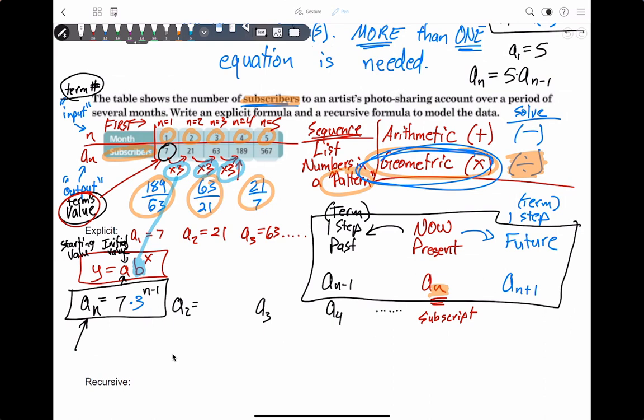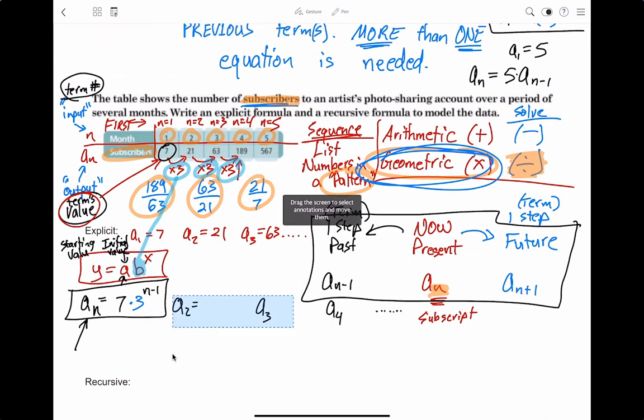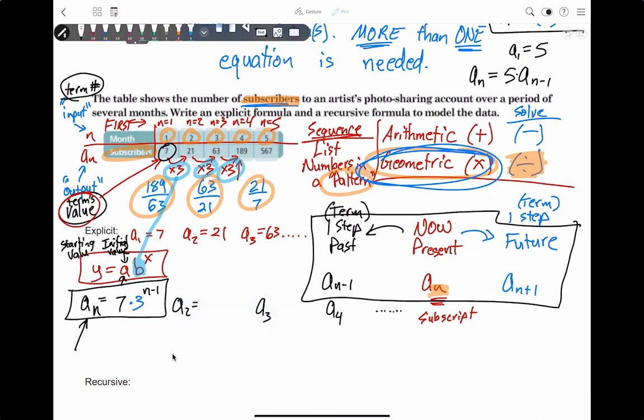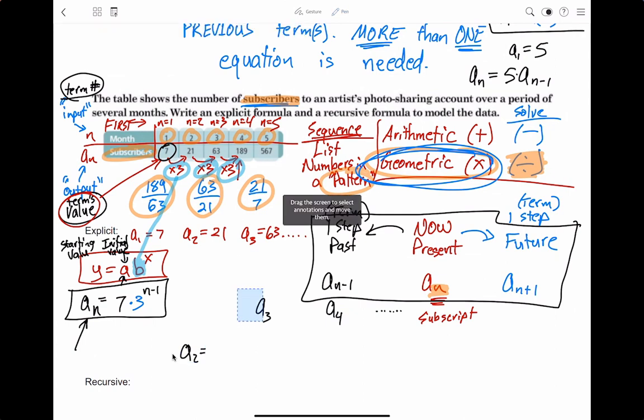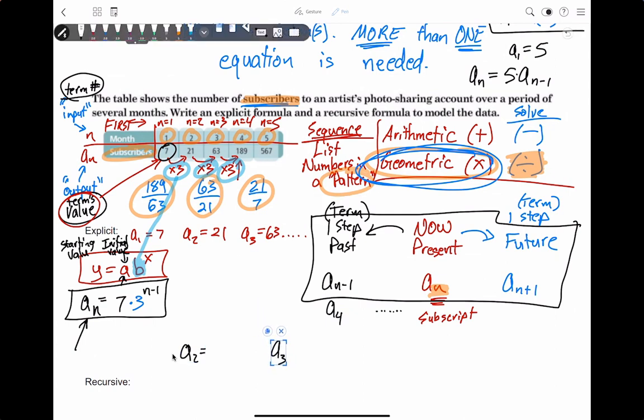It'll work with a sub 2, it'll work with a sub 3, and it'll work with a sub 4, and basically everything in this sequence. It's just going to keep going, and of course it starts with a sub 1. So a sub 1 is our first term.